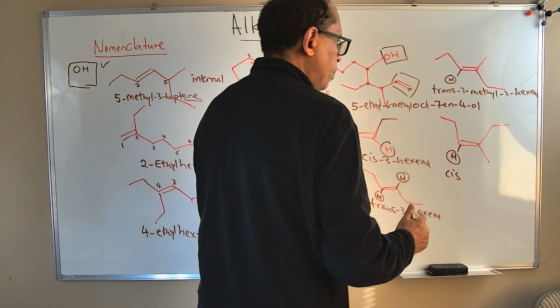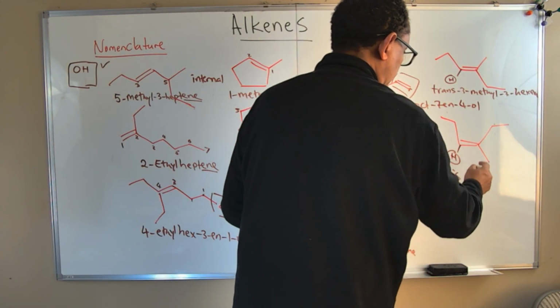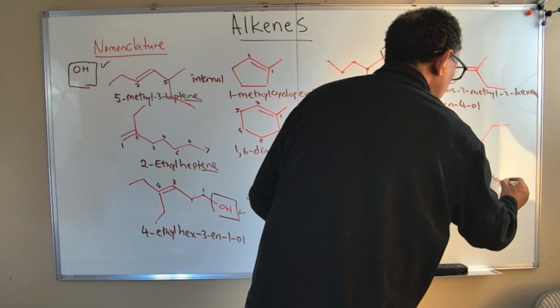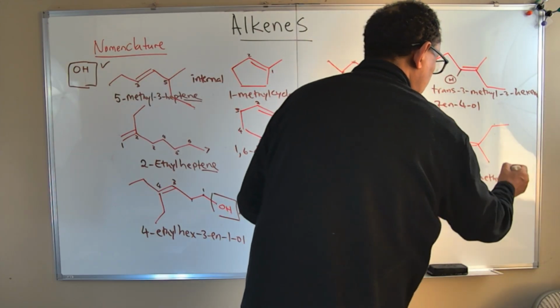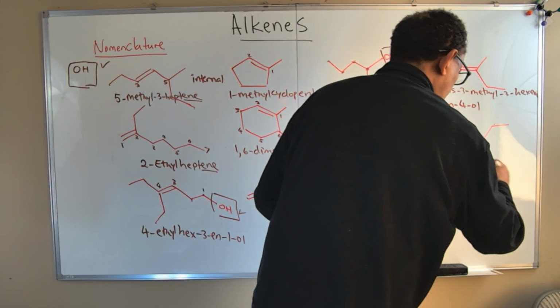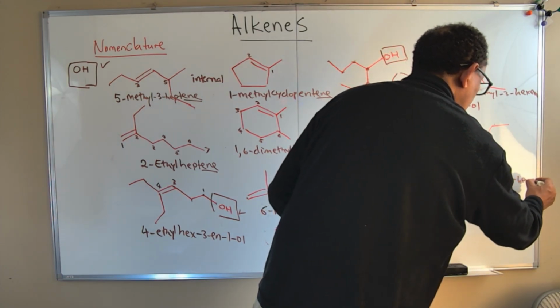So the cis has 3-methyl and the alkene group at 3 position, so this will be 3-hexene.